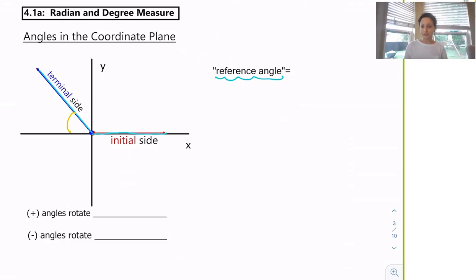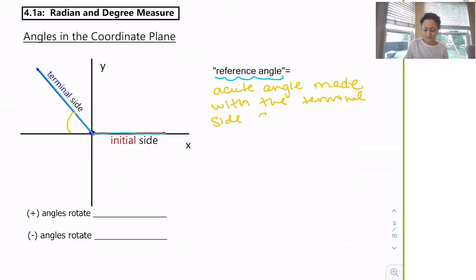So the formal definition of a reference angle, let's write this together. It's the acute angle made with the terminal side, and this is important, the x-axis.